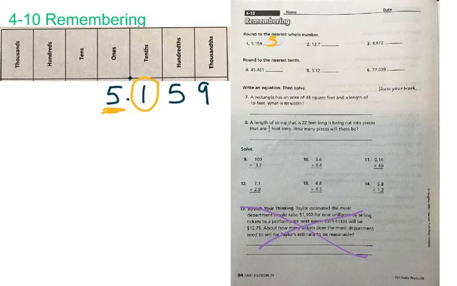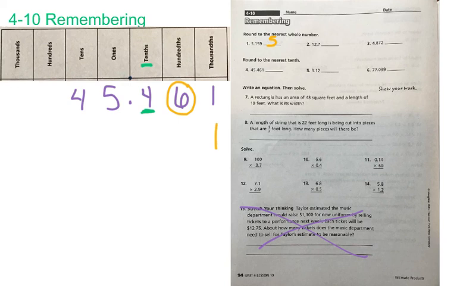so 5 and 159 thousandths, rounded to the nearest whole number, is just 5. Number 4 together, it says round to the nearest tenth, and here we have 45 and 461 thousandths. And we're rounding to the nearest tenth. Well, here's the tenths place, and the number in the tenths place is 4. We look at the number immediately to the right to tell us if we round up or down.